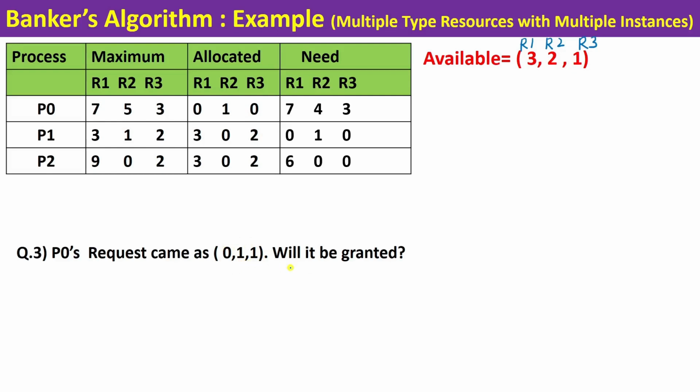As we have seen in the previous video, this request will be granted by the operating system if and only if, after granting it, the system goes into the safe state. If the system goes into the unsafe state after granting this request, then the request of P0 will not be granted.